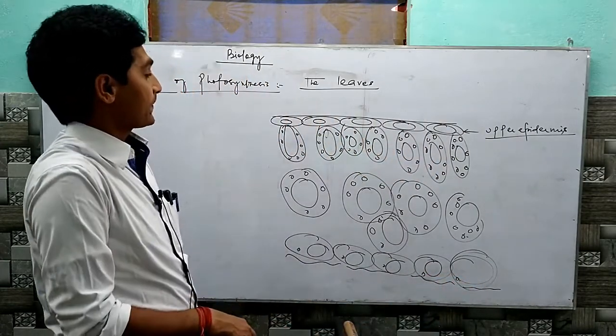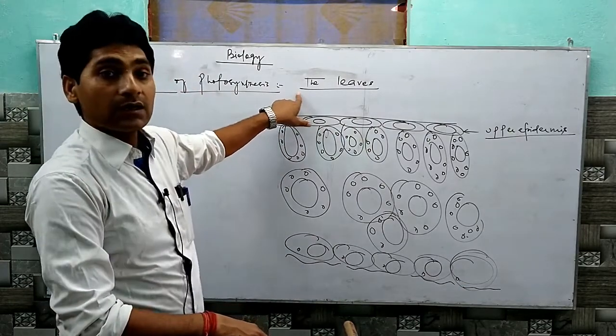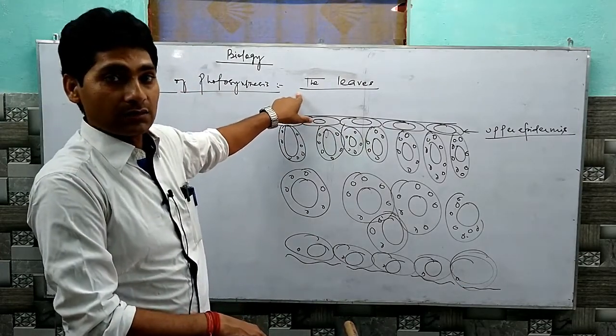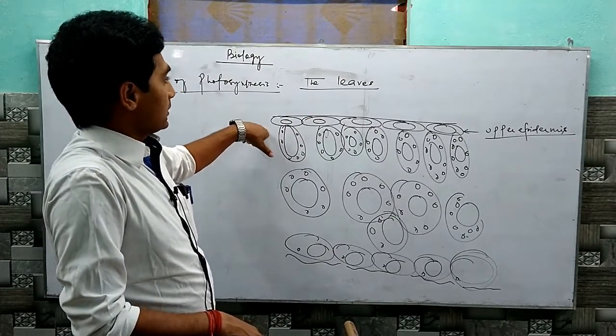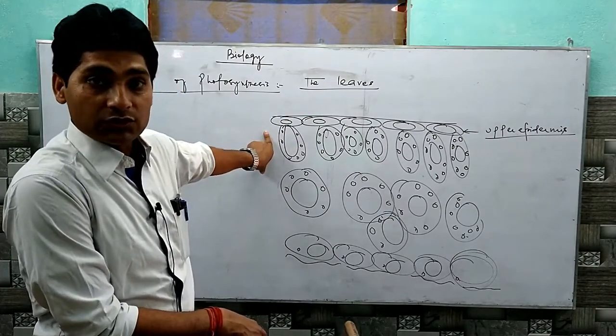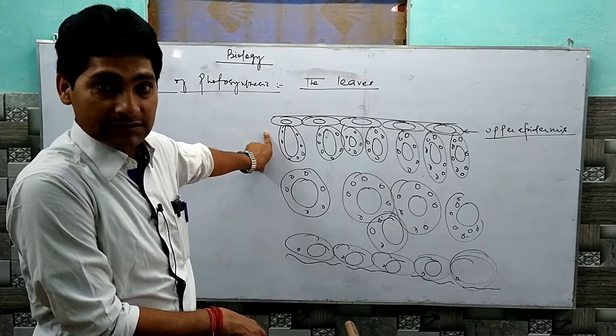Dear students, as we stated, the leaves are the main organs of plants where photosynthesis takes place.